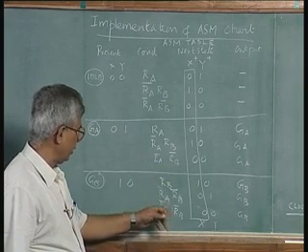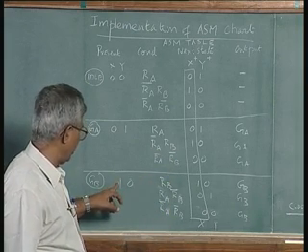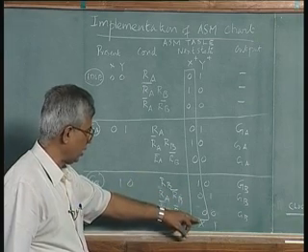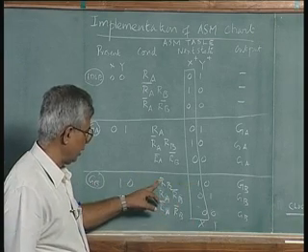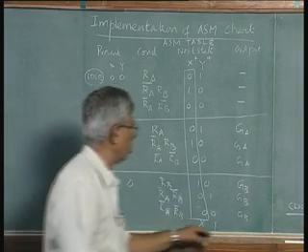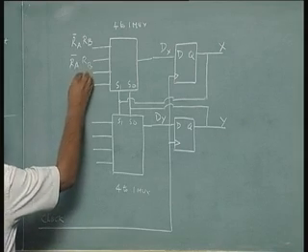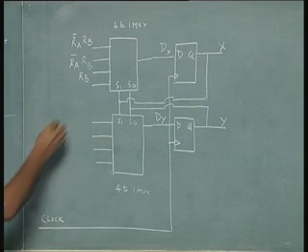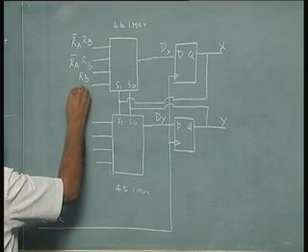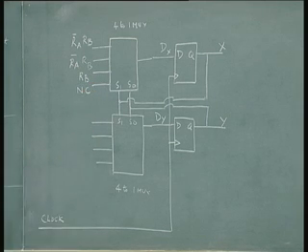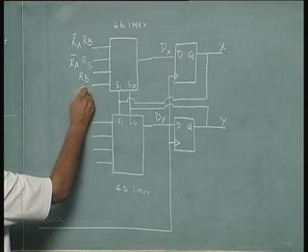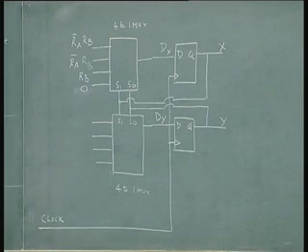And the last thing, the present state is 1 0, the next state x is 1 for RB condition, for the other two conditions it is 0. So I put RB here, and this is not used. So it is NC, no connection, or you can put a 0 or a 1 to be safe. If you want 0 0 to be safe, you put a 0. So in case something happens, it goes to the reset state, idle state, and waits.